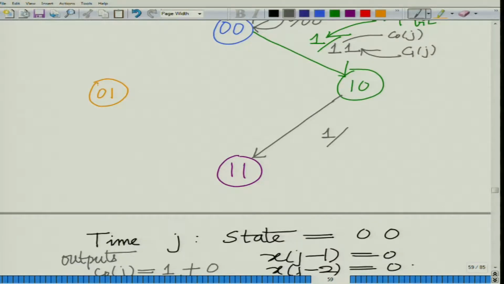If a 1 arrives, the next state will be 1 comma 1.